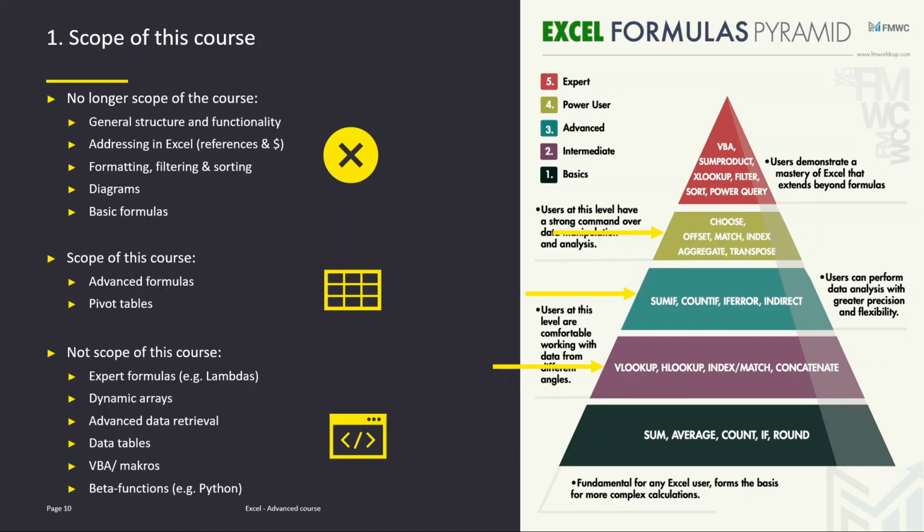And you know this formula pyramid so far from the basic course. We are now at the middle of this pyramid, with the lookup functions and the SUMIF functions, which we will cover shortly. We are at the middle of the pyramid, not at the top right now, but also not at the base anymore. And with this, we're right into the course.